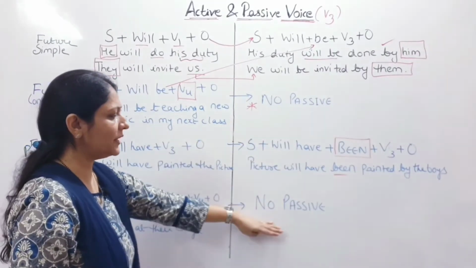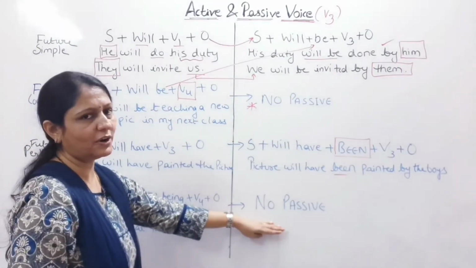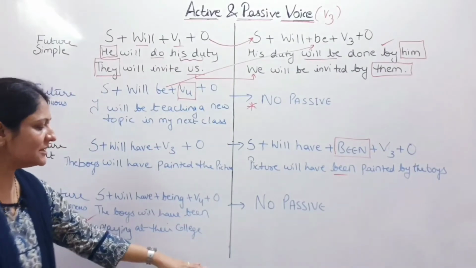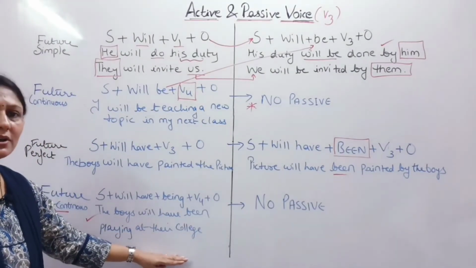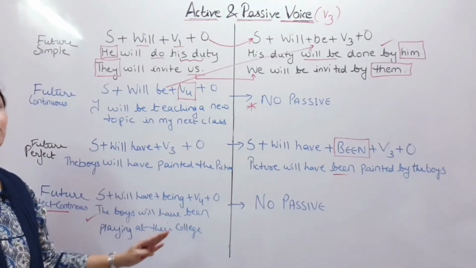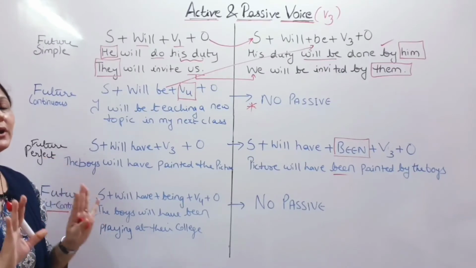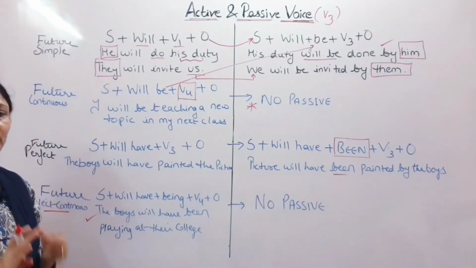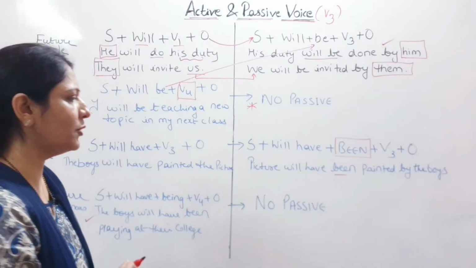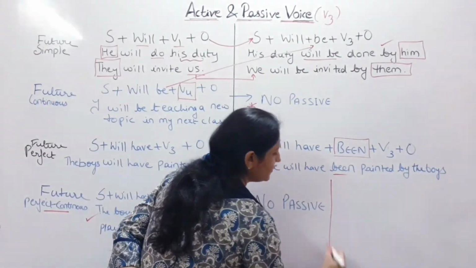So these are the two tenses in future tense which do not have their passive voice. But this is how, children, I guess you are clear about the passive voice of all the 12 tenses. Now let me tell you some very important facts which you need to remember.